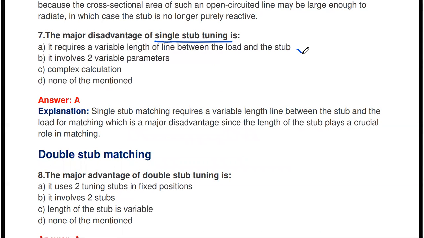So the first one is correct. The major disadvantage of single stub tuning is that it requires a variable length of line between the load and stub. Single stub matching requires a variable length line between the stub and load for matching. That is the major disadvantage of single stub tuning.